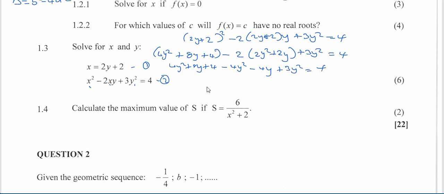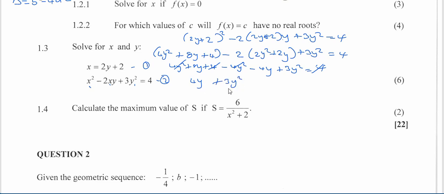So let's check the like terms of these two. They will cancel, and 8y minus 4y, we're going to be left with 4y. And then let's check here. We also have this one, which is positive here. These two are going to cancel. We're going to be left with positive 3y squared.